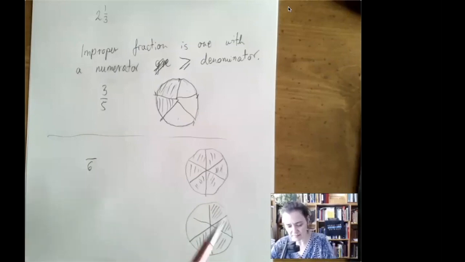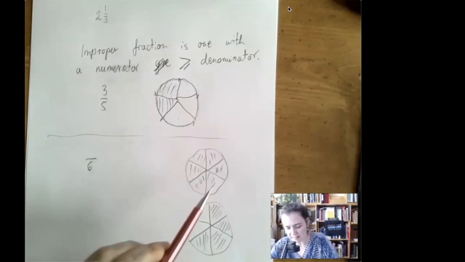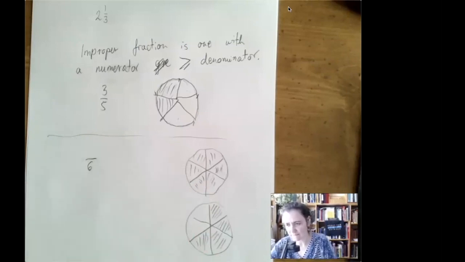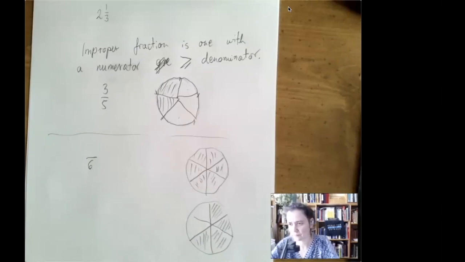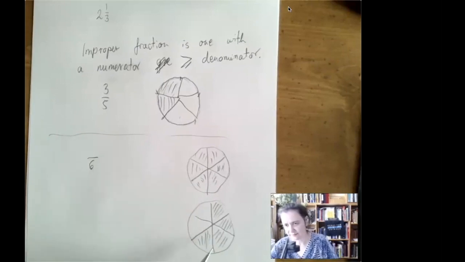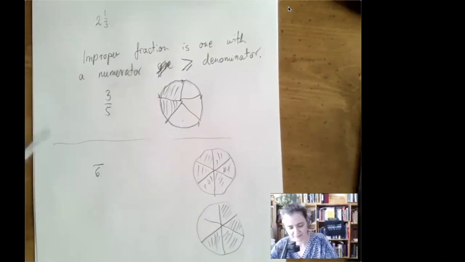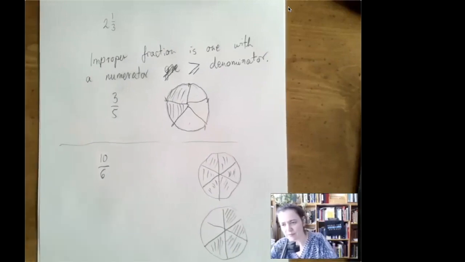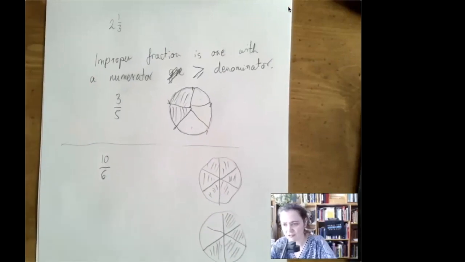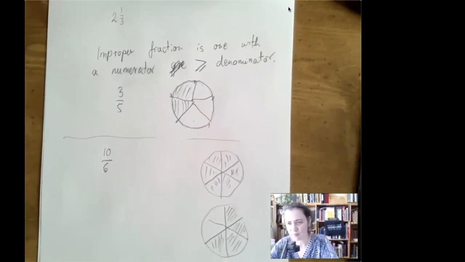How many slices did I shade? 6 here and 4. So that's altogether 10, right? An improper fraction where the numerator is bigger. So it's no longer genuinely just a part of something. This is an improper fraction.